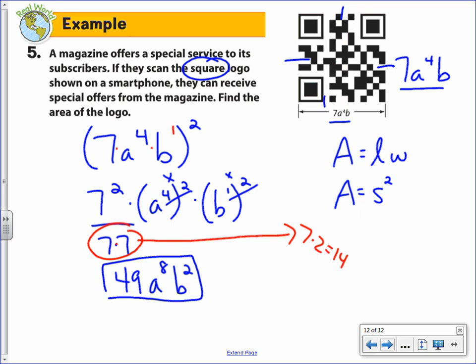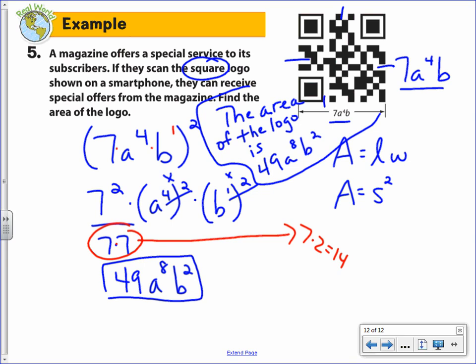So the area of the logo, let's finish it up. The area of the logo is, it's a weird number, that's for sure, 49 a to the 8th power b squared.